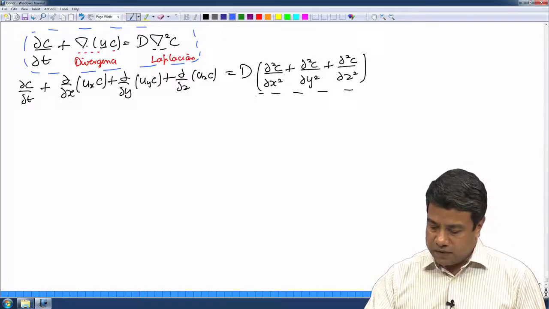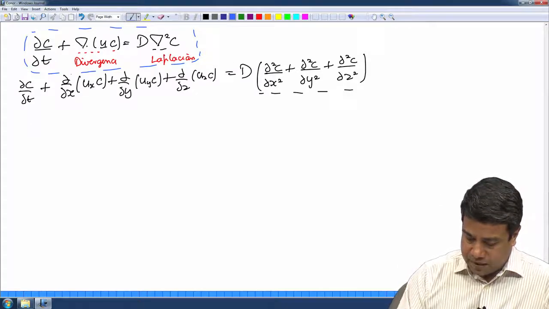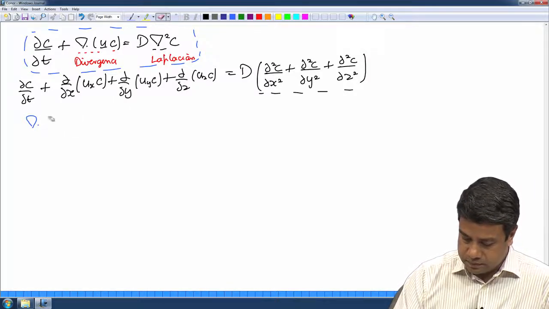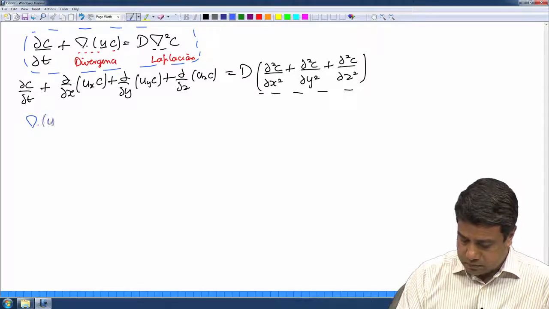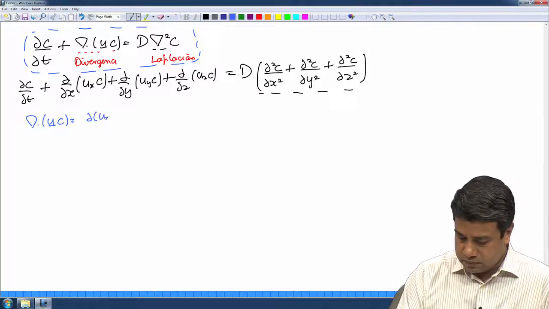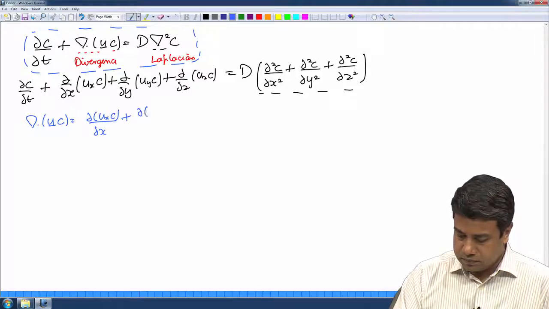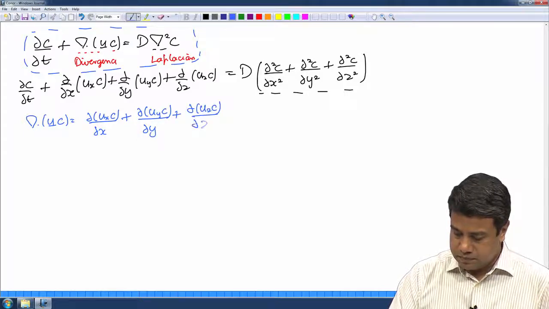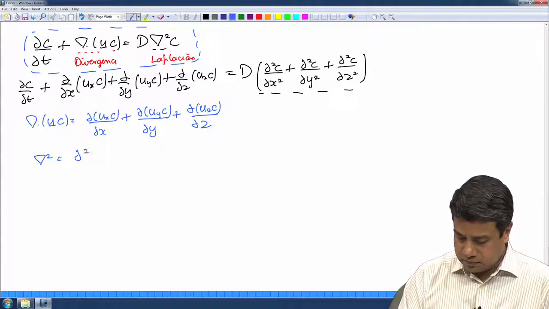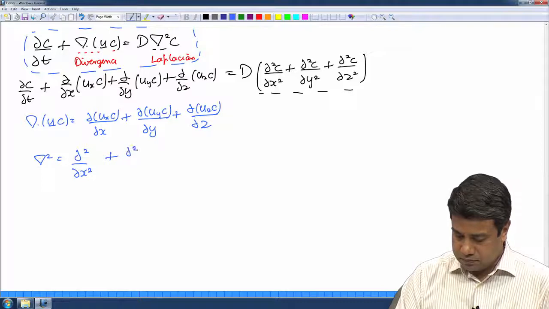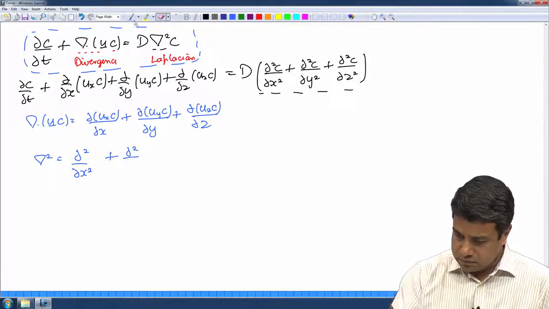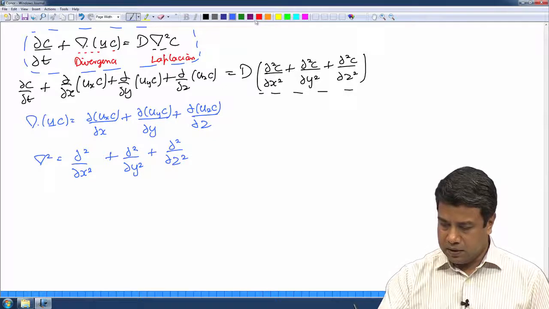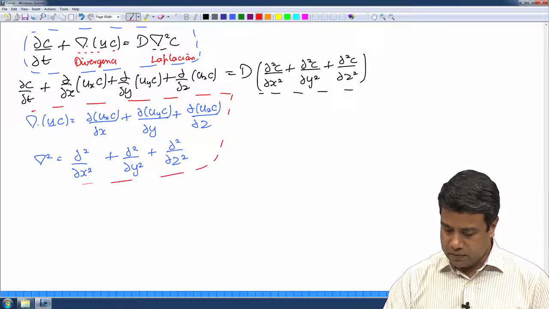So, therefore, the forms of the Laplacian and the divergence will change when you go to another coordinate system.